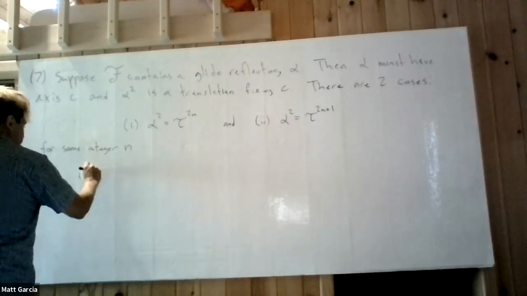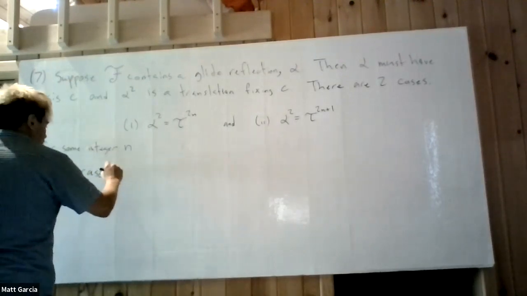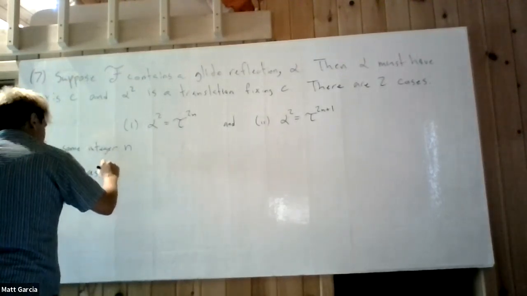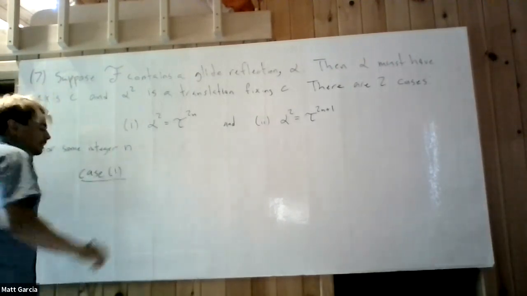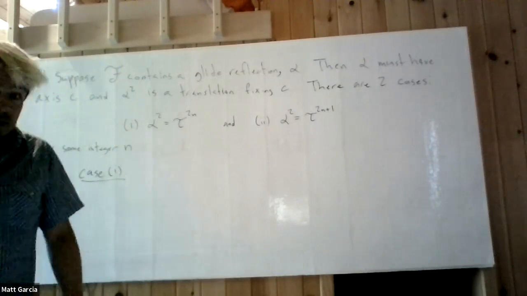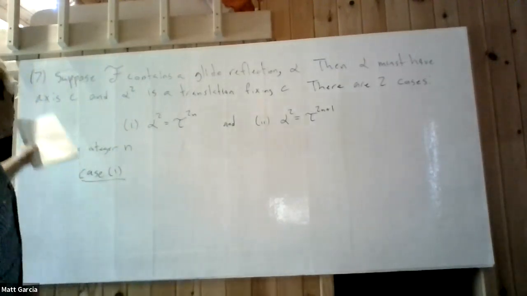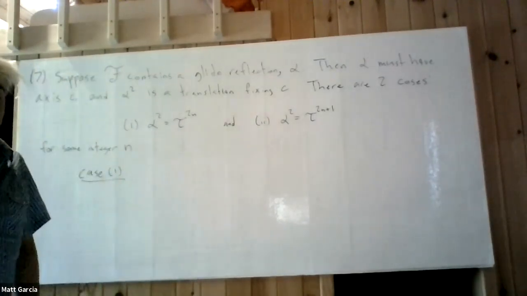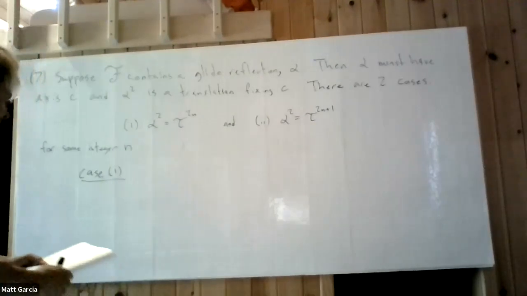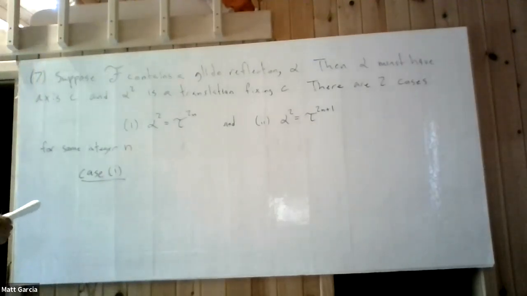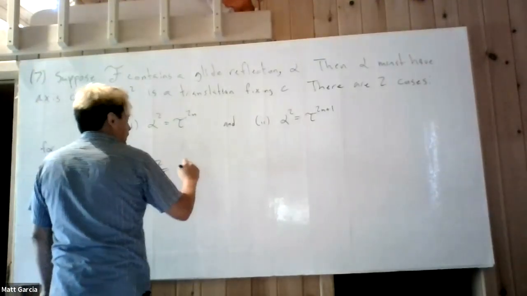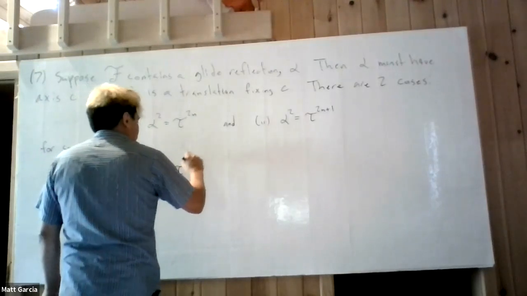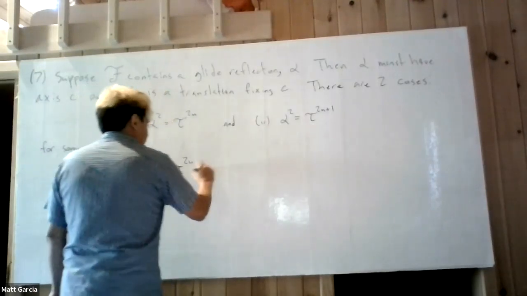So, case lowercase i. Why did I choose a lowercase Roman numeral? Just because we're already numbered 1 through 7 here for our cases for Frieze groups. Okay, so starting with alpha squared equal to some even power of tau.